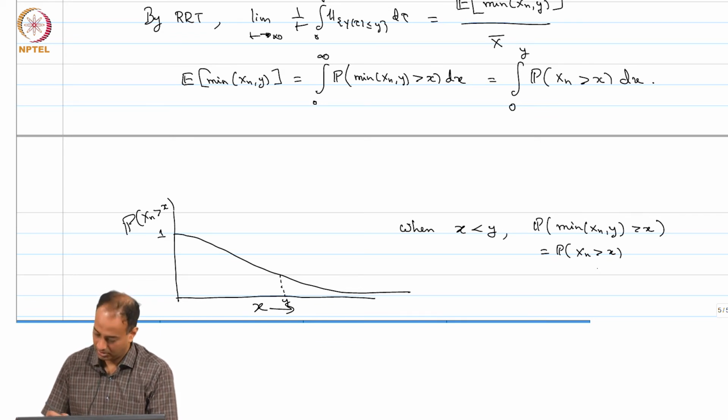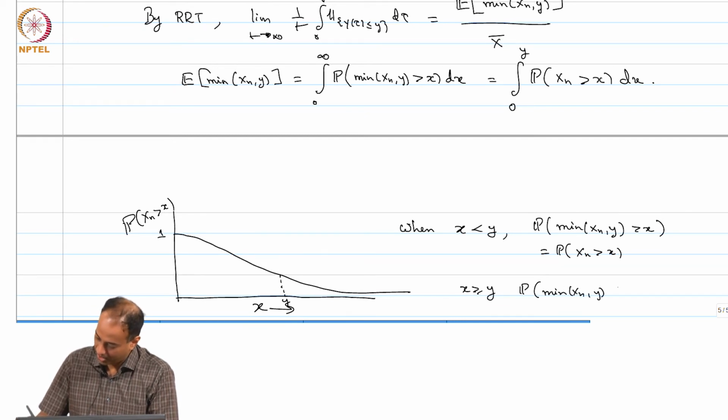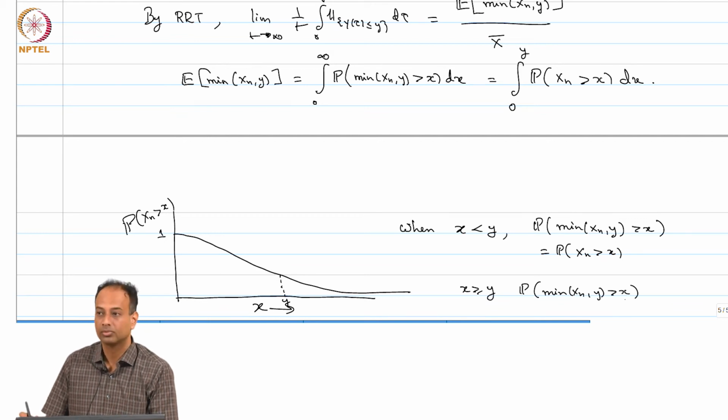And when x is greater than or equal to y, what is the probability that min of x n comma y is greater than x? 0, correct.